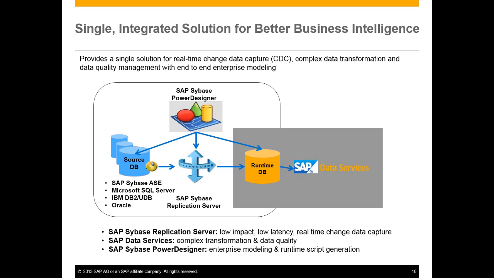Second, it also generates the replication scripts. All those publications and subscriptions can be generated automatically through PowerDesigner and deployed into Replication Server. This is the reason we introduced PowerDesigner: to simplify the whole setup and let you do it with far fewer manual steps.